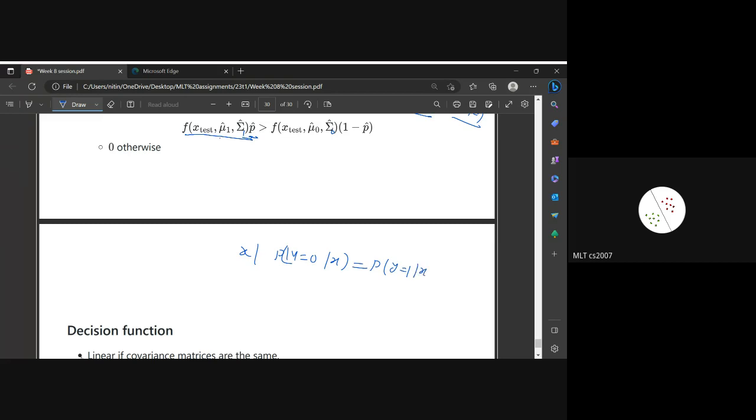All those data points for which these probabilities are the same, this is your decision boundary. If you solve this for different sigmas, it will be a quadratic equation, otherwise it's a linear equation in the features. The same thing, just the distribution has changed.